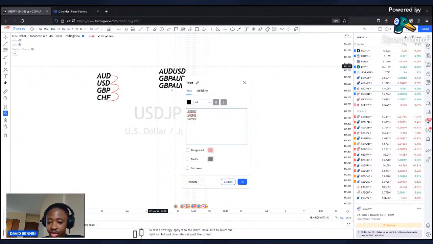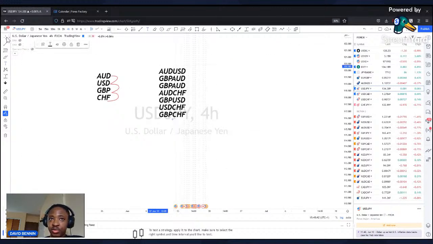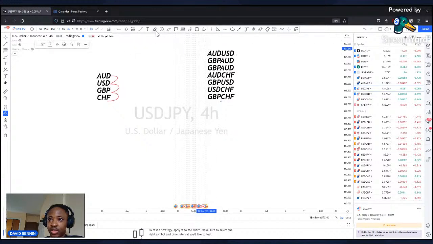So I have AUD CHF, AUD CHF, and the next would be, so now we'll pair the US dollar with a pound. So we have GBP USD, USD CHF, and now the last one will be GBP CHF. So these are the instruments with a lot of high impact events happening, right?